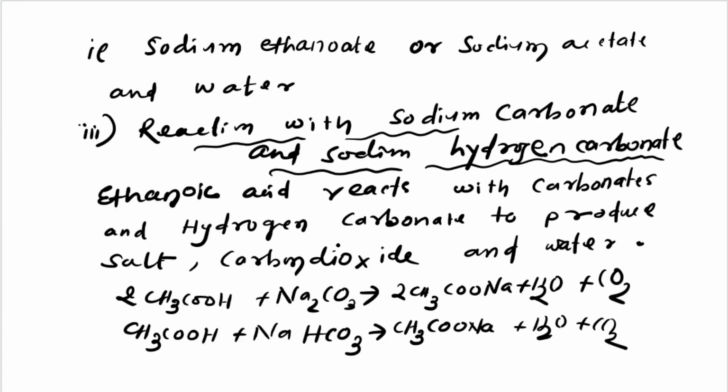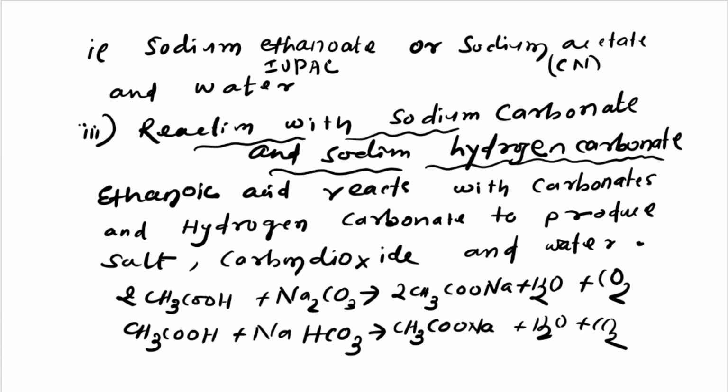This sodium salt is called sodium ethanoate by IUPAC name and sodium acetate by common name. And water is the byproduct. So salt and water are produced.